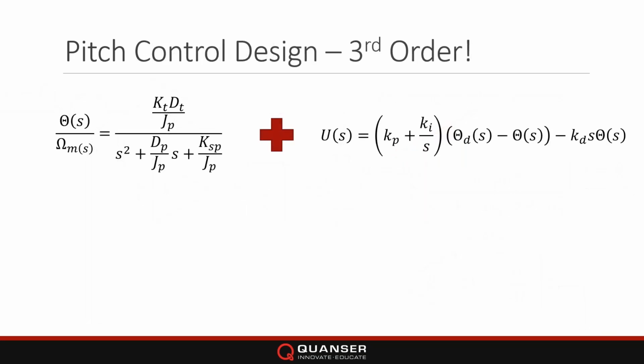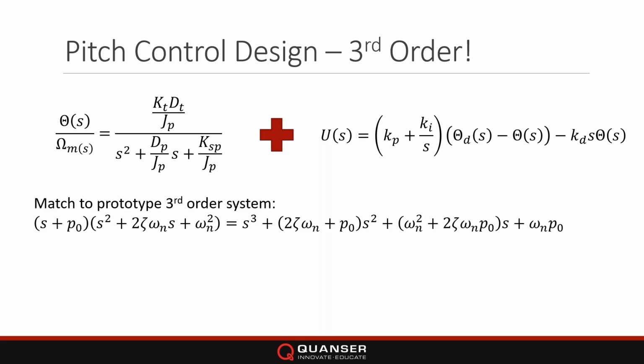So the transfer function of the pitch relative to the speed of the rotor is second order. And if we input the PID controller, we have defined the block diagram, we end up with a third order system. Now we need to match that third order system to the prototype system, right?